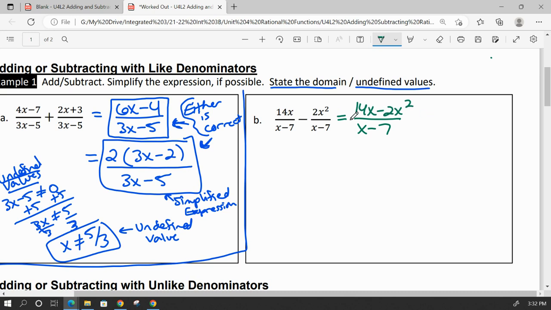Okay, in order to see if this can be reduced, I have to factor my numerator. In order to factor the numerator, I do need to put this in the right order. So reorder or rewrite in correct order.